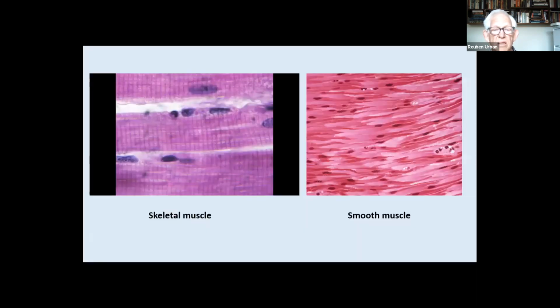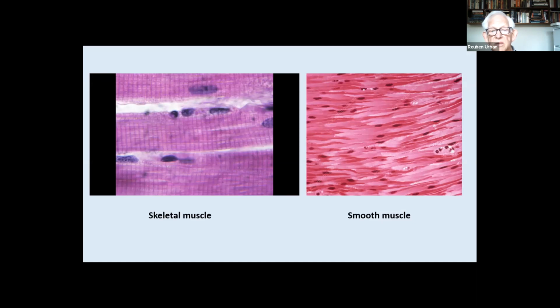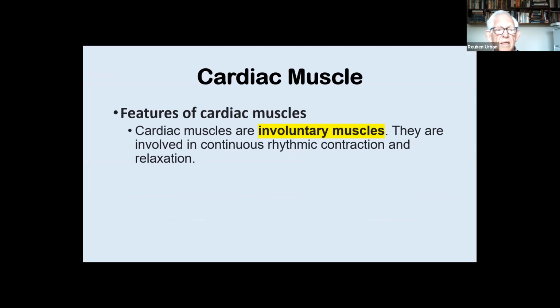So here's two pictures. That's your skeletal muscle. There's your smooth muscle. You look here, they're totally different. So you've got these cigar shapes. Now, let's move on to cardiac muscles, which is the third form.